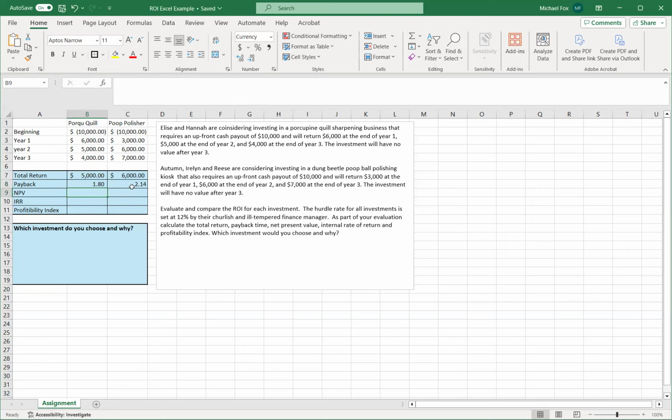So net present value factors in the idea that the longer it takes us to make our money back, the less valuable it is. In other words, if I owe you all $1,000 and I give one of you $1,000 today, and at the end of the year I promise to give someone else $1,050, which is the better deal? Well, like in this problem, our hurdle rate's 12%.